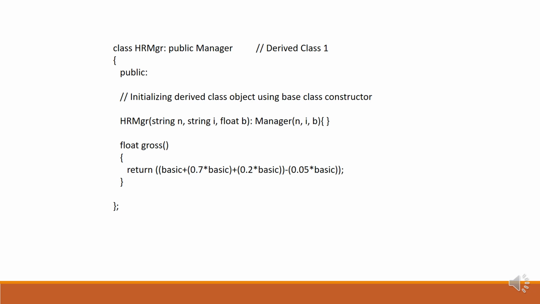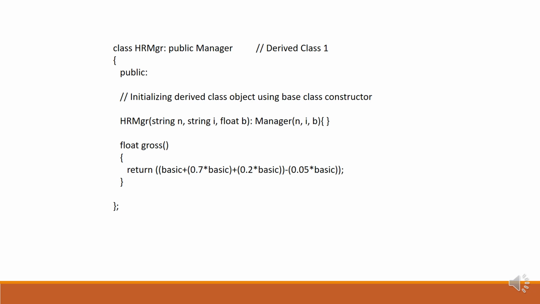We have the constructor HR manager, which is taking 3 parameters for name, ID, and basic salary. Please note how the derived class constructor is invoking the base class constructor.